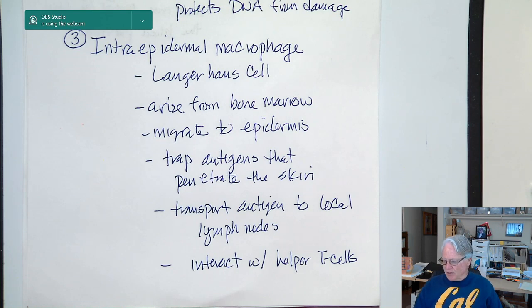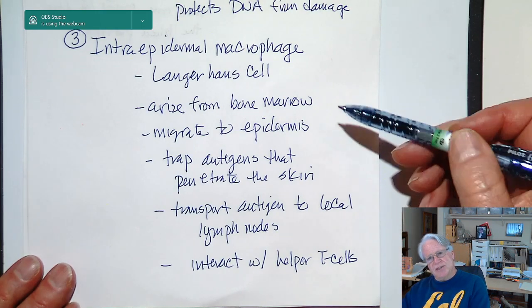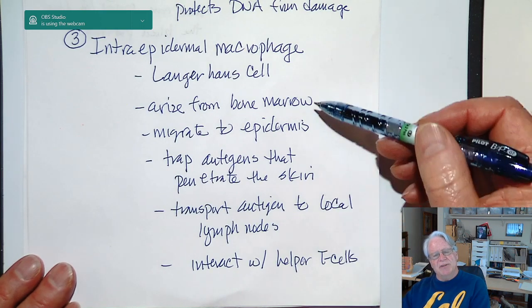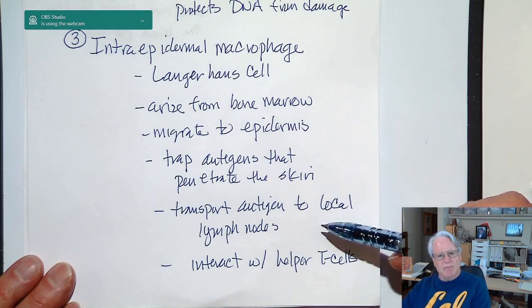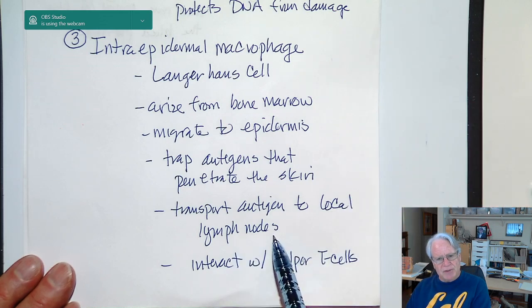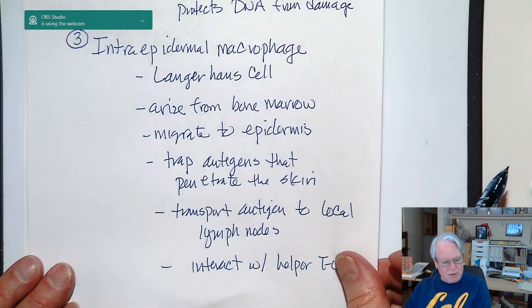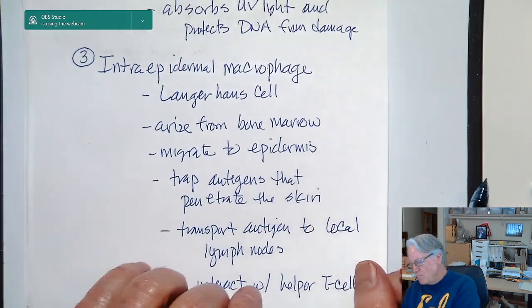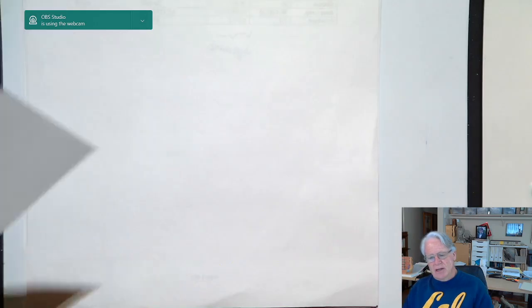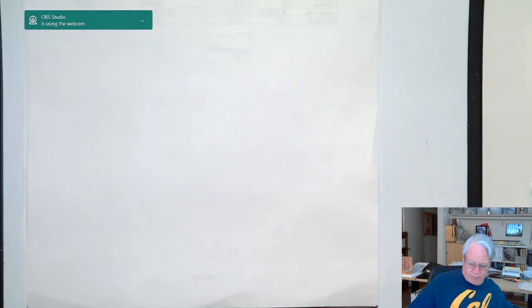These are the intraepidermal macrophages, and they're part of the immune system. And it makes sense, doesn't it? Your skin is this barrier, but if it's broken, things can get through that barrier, and then you can intercept those things and start some sort of response to protect yourself from disease. All right, so that's what we're talking about there.